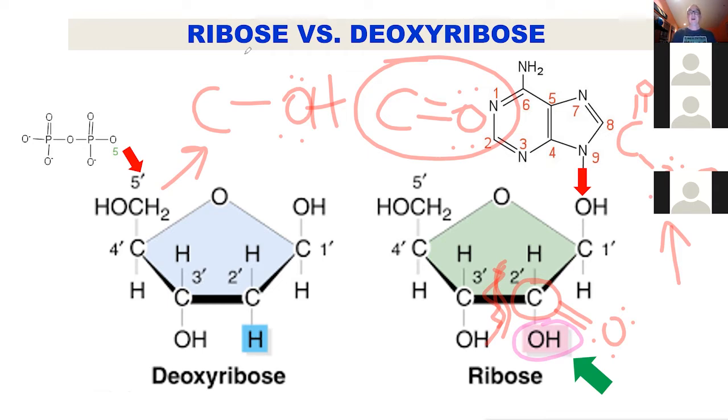We'll see that with how the nucleotides are put together, they use the 5' carbon, which is attached to the phosphate, and the 3' hydroxyl in order to extend and make long chains. That leaves this as the only carbon that isn't bound to something.